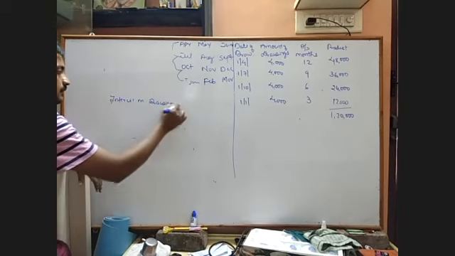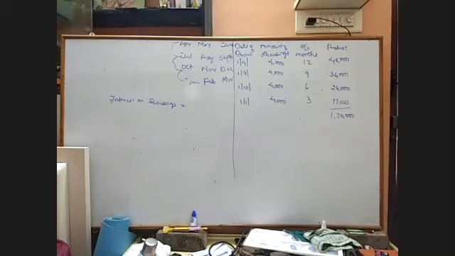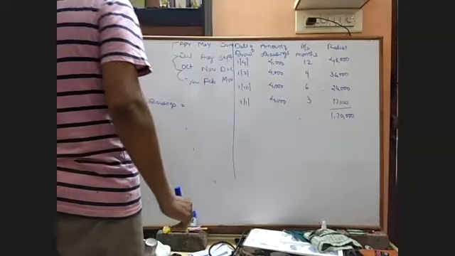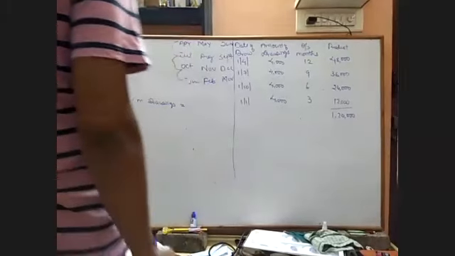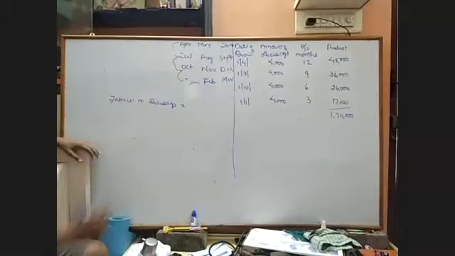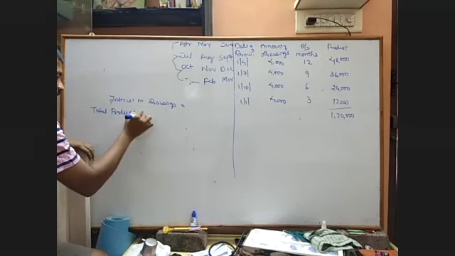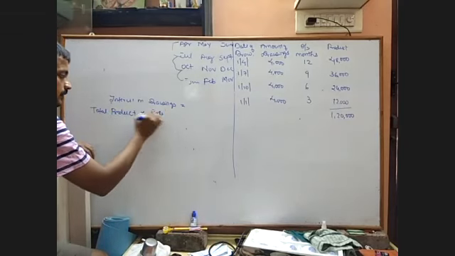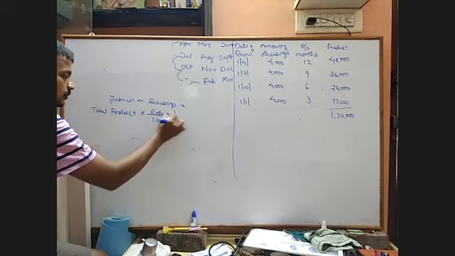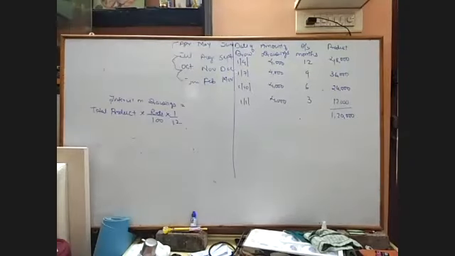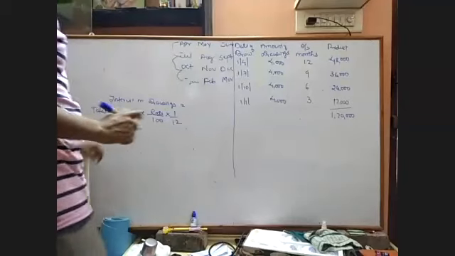Now, next is interest on drawings is equal to total product into rate by 100 into 1/12. So what is the total product here? 1,20,000.